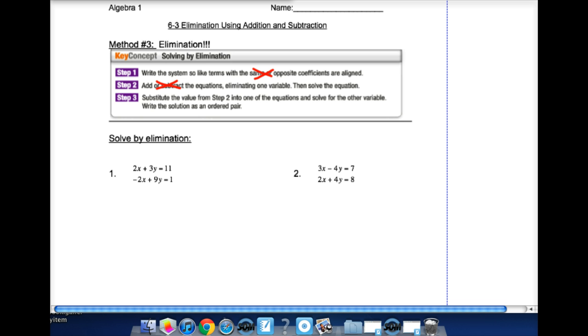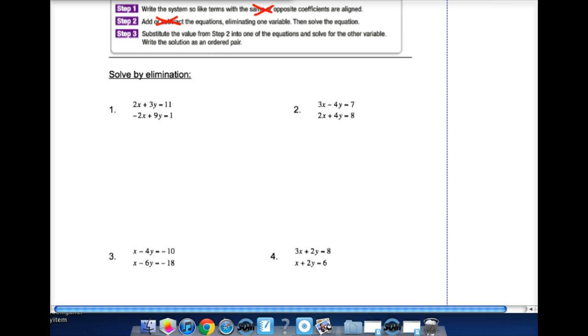Too many mistakes happen when we subtract things. And then when you do that, you're going to eliminate one variable. Okay? And then you're going to solve your equation. And then you will get either x or y depending on which variable eliminates. Then you're going to substitute that value from step 2 into one of the 2 equations and solve for the other variable. Okay? So there's a little substitution going on here too.